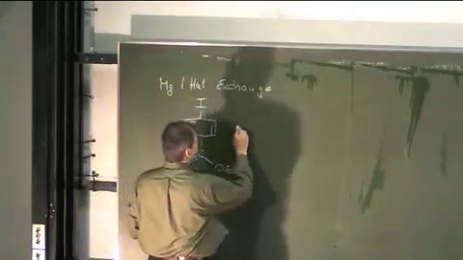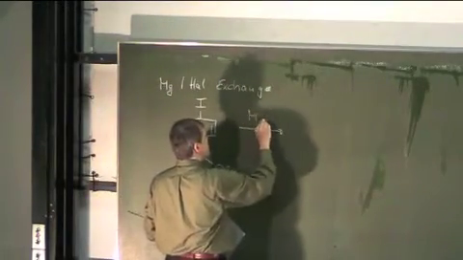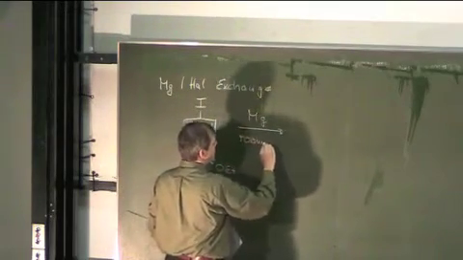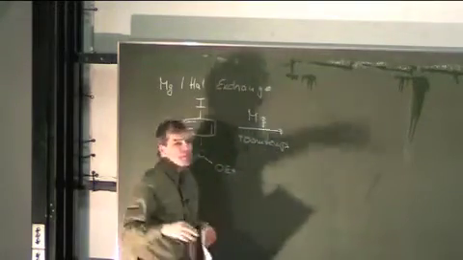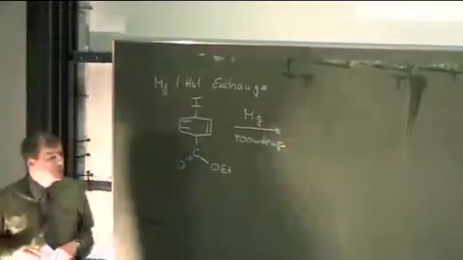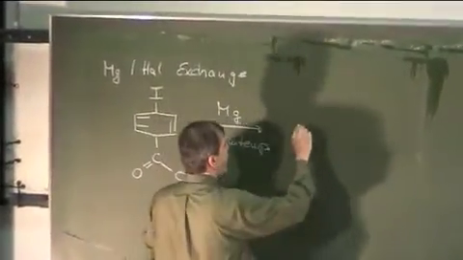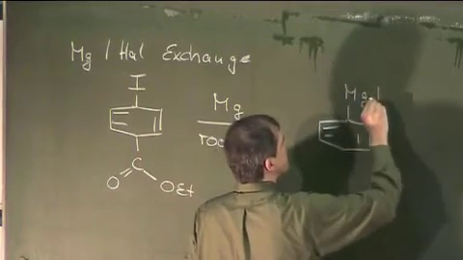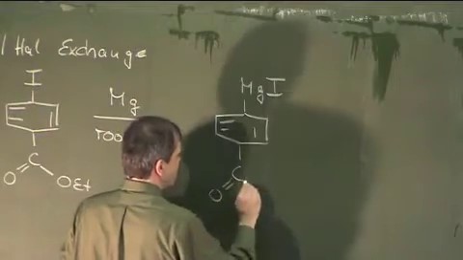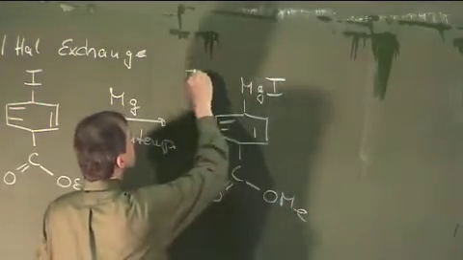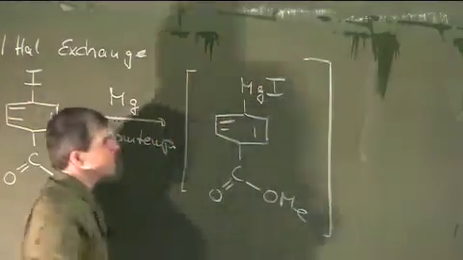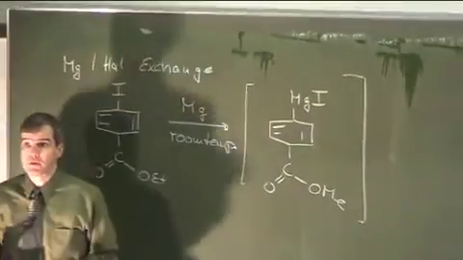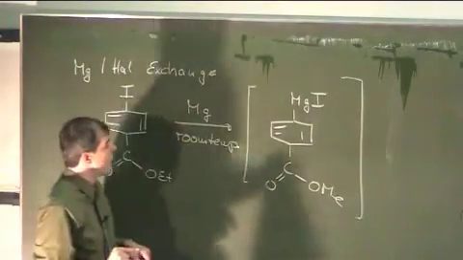Usually when you would do the Grignard reaction with magnesium, typical reaction temperature would be room temperature. Sometimes you might even have to heat it a little bit, 40 degrees or so. Now the Grignard reagent will form and then it would do what you expect a Grignard reagent to do. It will react with this carbonyl functionality here. And it will do that rapidly.